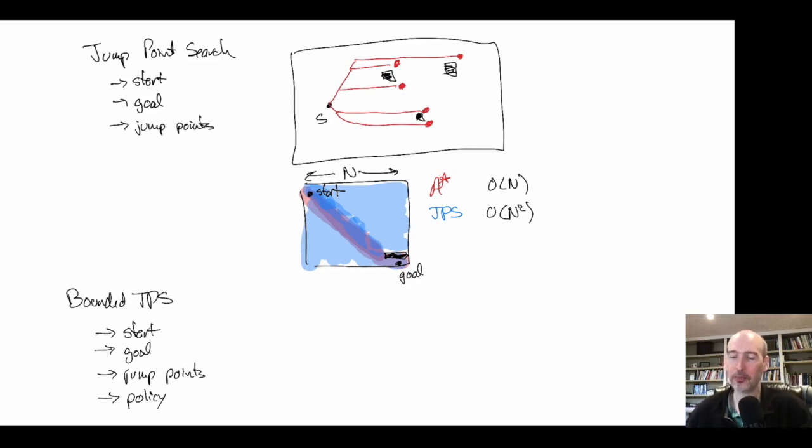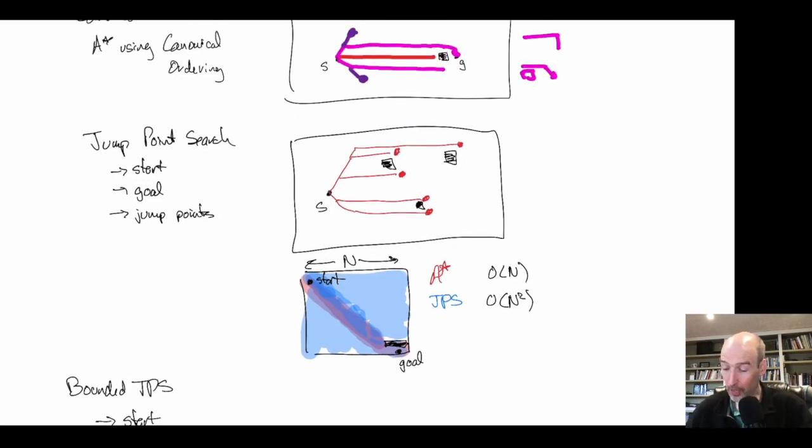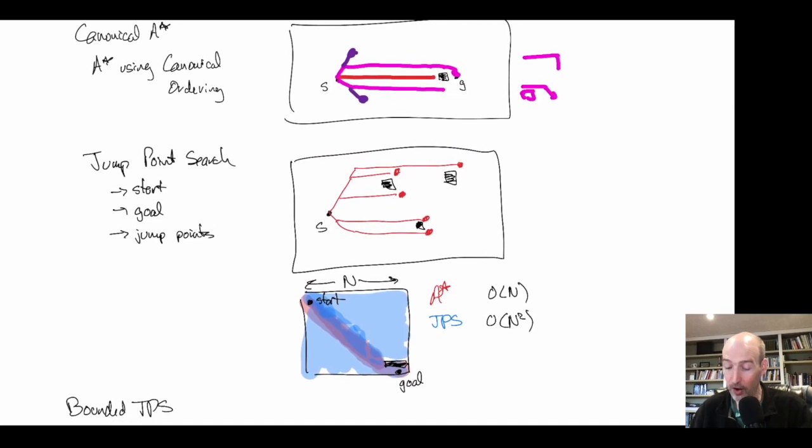You have to be careful because you need to use the same ordering in the backwards and forward direction, or they have to be compatible with each other. But we won't get into that here. But again, I'll just say it one more time: jump point search is A star. I'll just write it here to highlight this. This is A star on the canonical ordering.